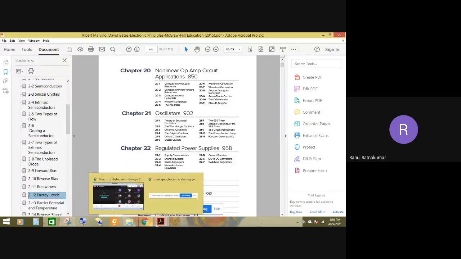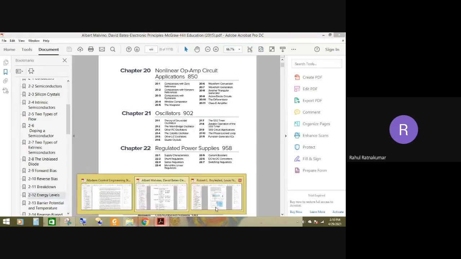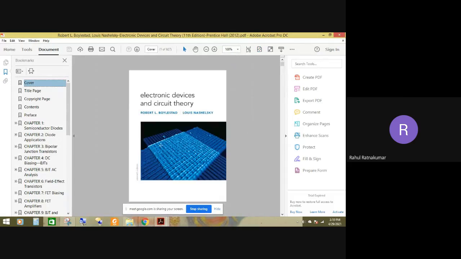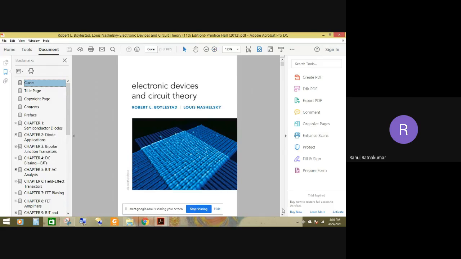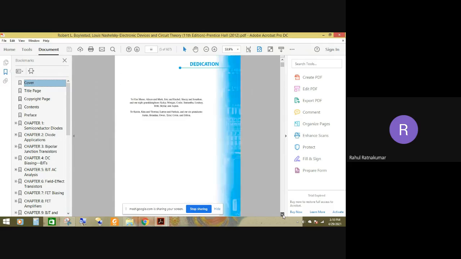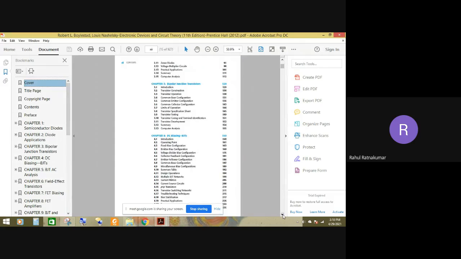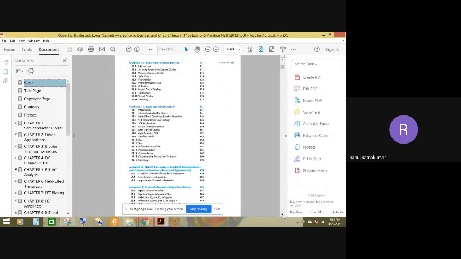Okay, so the next book I'm telling you is Robert Boylestad. It's also a very famous book. This is the cover. It is suggested by a lot of universities and faculties. It is a bit more comprehensive, meaning more theory, more detailed explanation, more circuits and deeper circuit understanding.